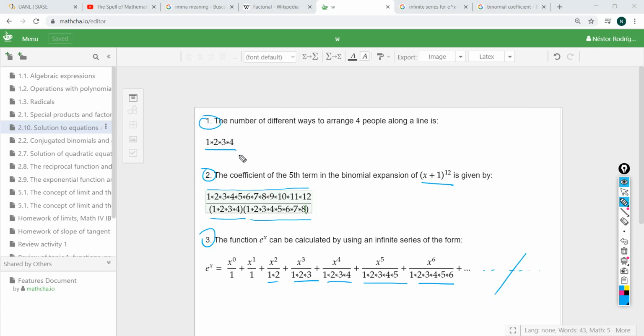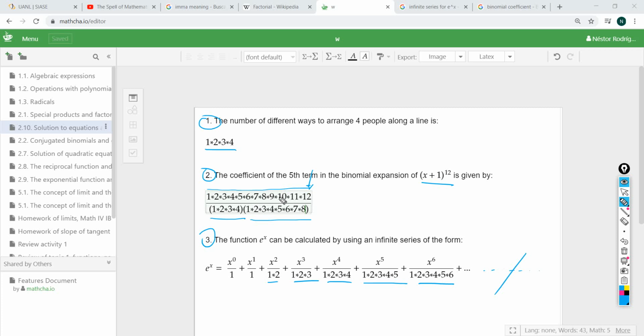Mathematicians noticed this fact, and they decided to give it a proper name, because they said, this idea of the product of integers from 1 to whatever number at the end comes up so often that it's a good idea to give it a name, in order to facilitate things and not call it the product of 1 up until another number.